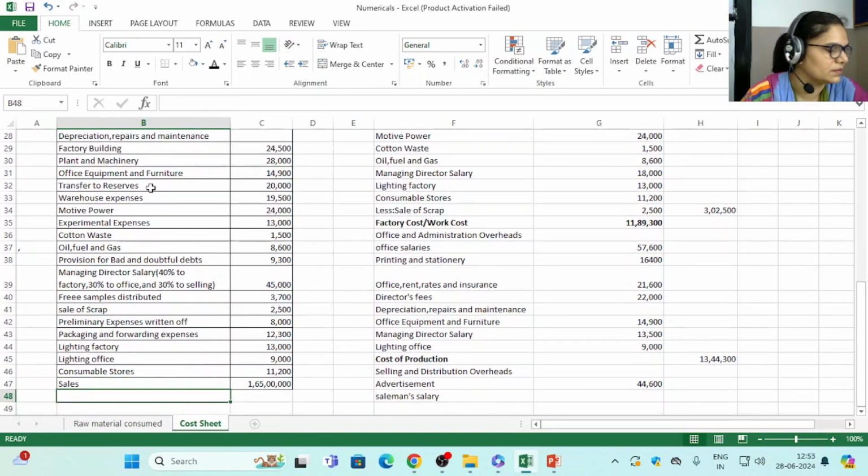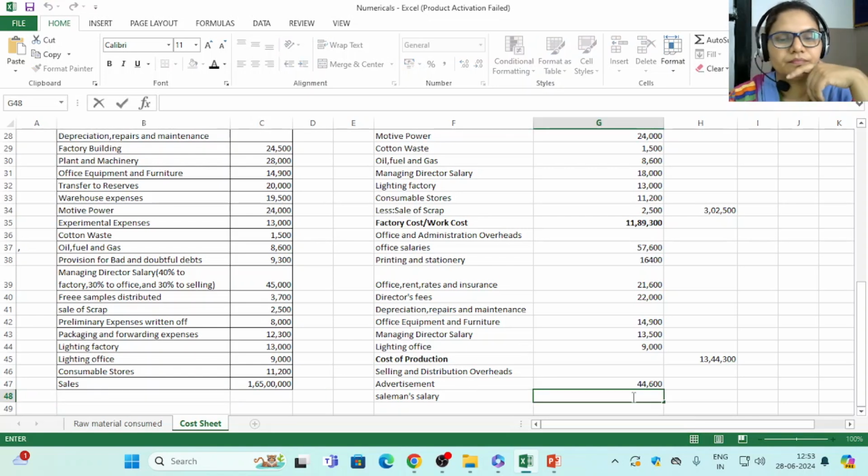Next is salesman's salary. I forgot to mention, salesman's salary is in the question. Salesman's salary is rupees 23,700.